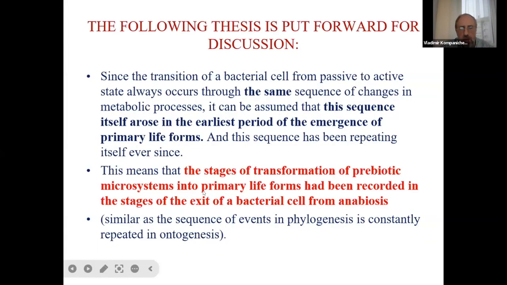Coming back to the previous slide, where it was postulated that the stages of transformation of prebiotic microsystems into primary life forms had been recorded in the stages of the exit of a bacterial cell from anabiosis.